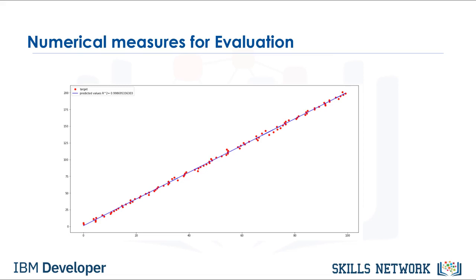An R-squared of 1 means that all movements of the dependent variable are completely explained by movements in the independent variables. In this plot, we see the target points in red and the predicted line in blue. With an R-squared of 0.9986, the model appears to be a good fit. That means that more than 99% of the variability of the predicted variable is explained by the independent variables.